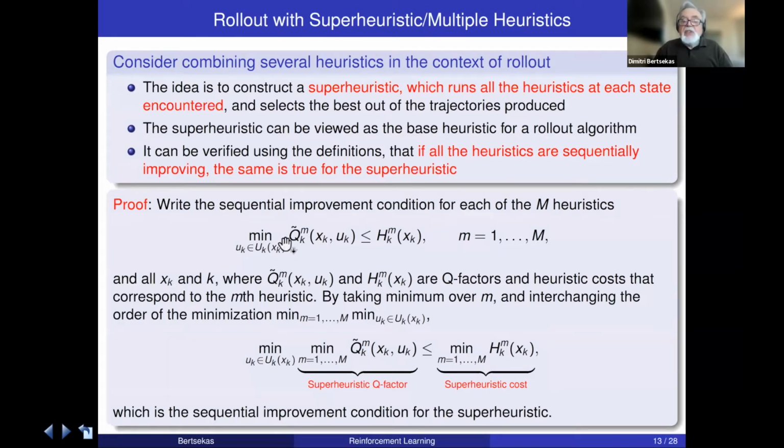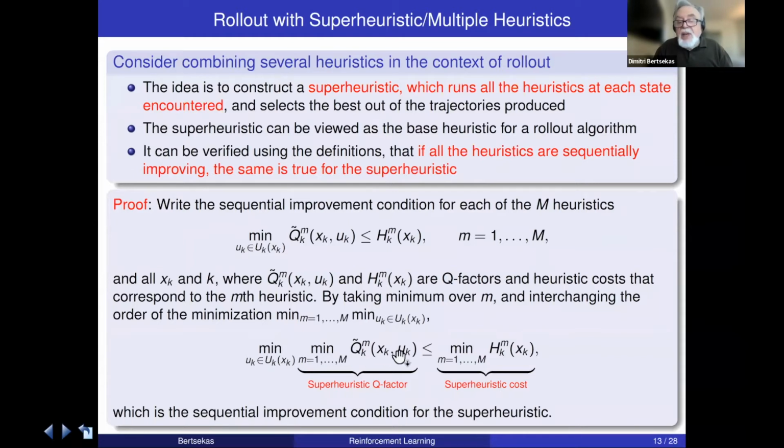And now in this inequality, let's take the minimum over M, okay? Minimum of this right-hand side gives us this, which is the cost of the super heuristic starting from xk. The minimum over M of the left-hand side is min over M and then min over U. But then we can interchange the order of the minimizations, minimize first with respect to U, and then with respect to M. The result is not changed.